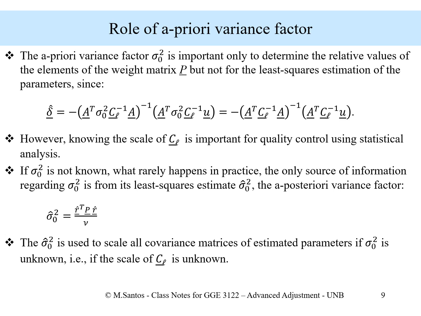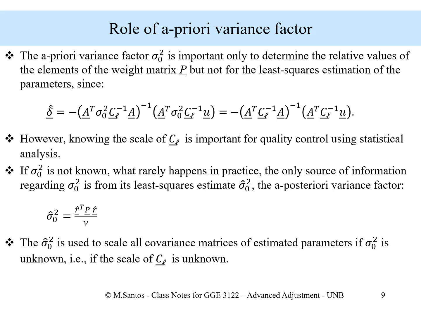So we have the product of the transpose of the residual vector r hat transpose, multiplied by the residual vector r hat scaled by the weight matrix, and it's divided by the degrees of freedom. As we discussed before, it is going to be either m minus u or n minus u.